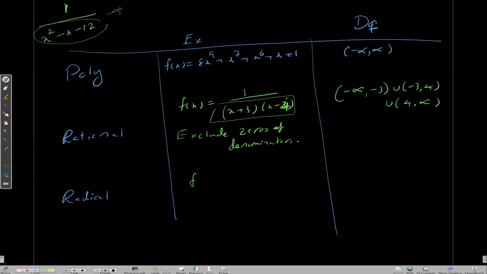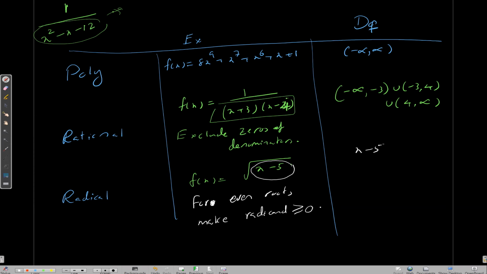Finally, radical signs, for example, let's say the square root of x minus 5. In this case, only for even roots, make the radicand, or inside of the radical sign, greater than 0.